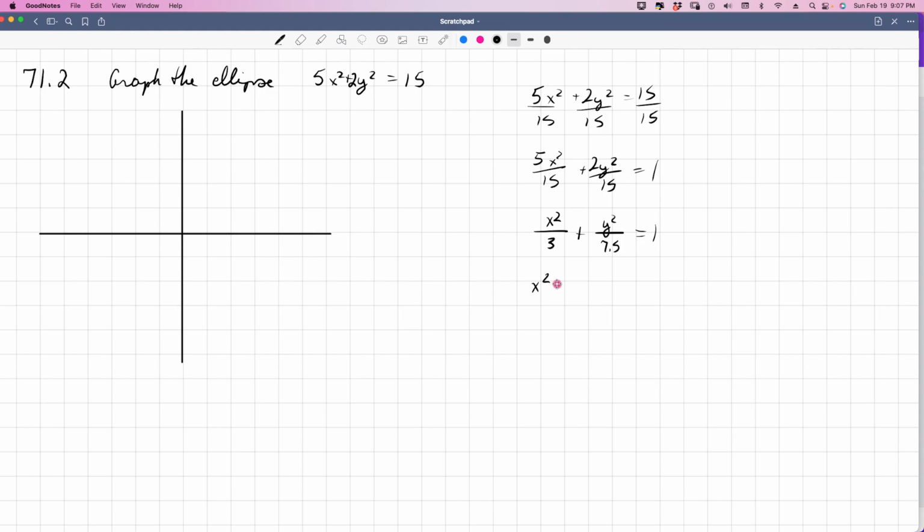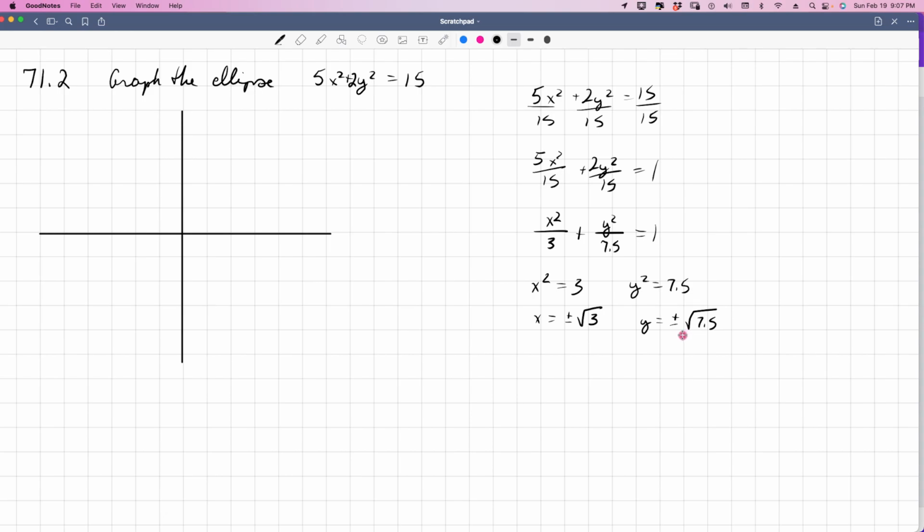So if x squared is equal to 3 and y squared is equal to 7.5, then x is equal to plus or minus, which we know it's plus, the square root of 3, and y is going to be equal to plus or minus the square root of 7.5.